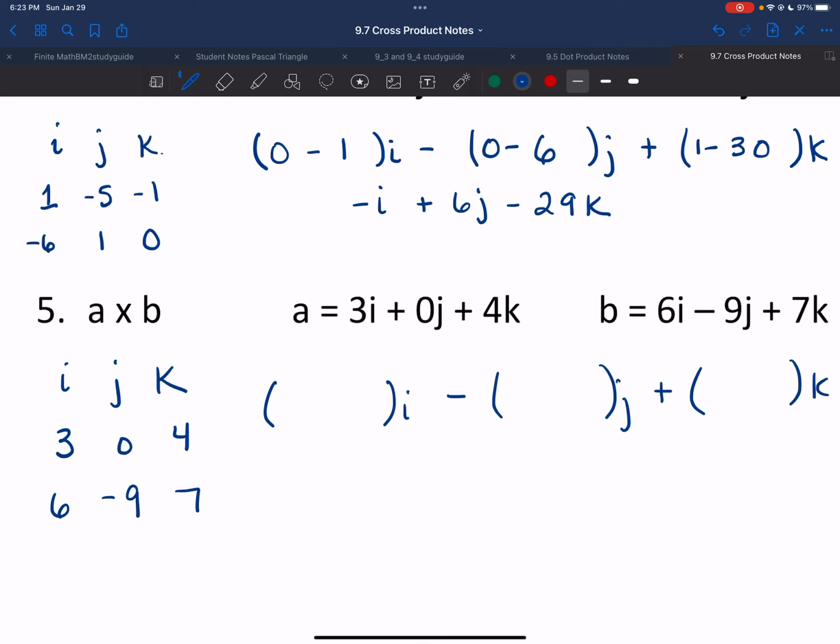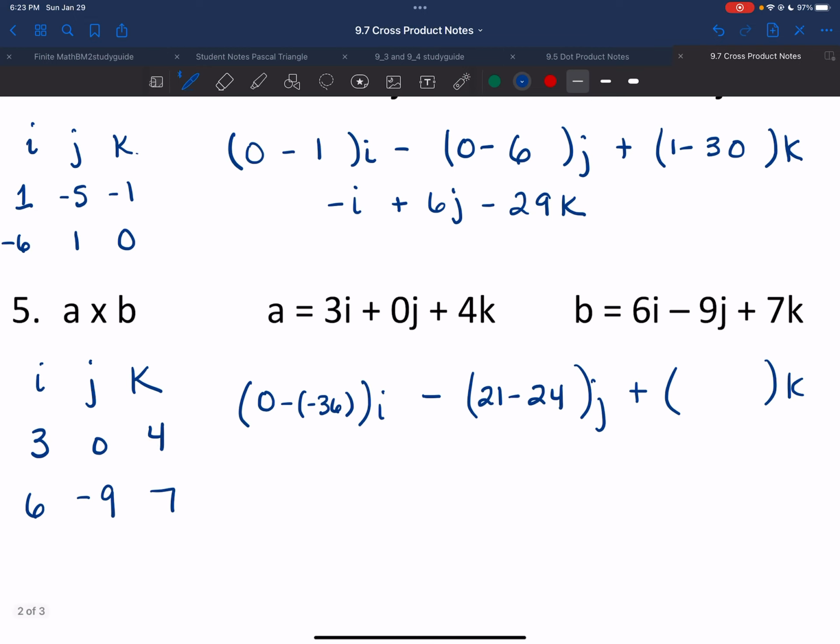And so I have 0 times 7 minus negative 9 times 4. So it's going to be 0 minus negative 36. And then my next grouping is going to be 3 times 7 minus 6 times 4. So it's going to be 21 minus 24. And then my last one is going to be 3 times negative 9.